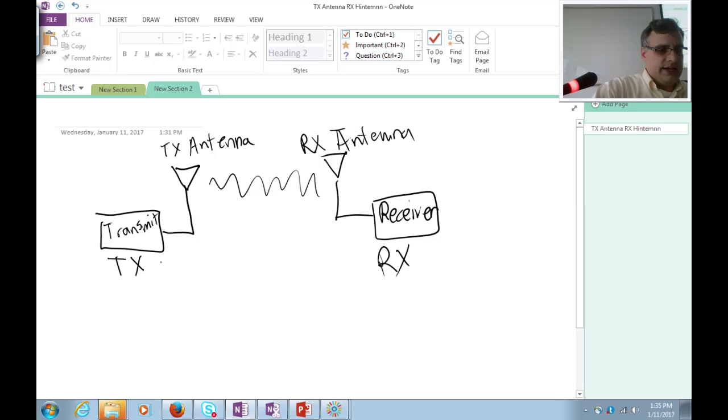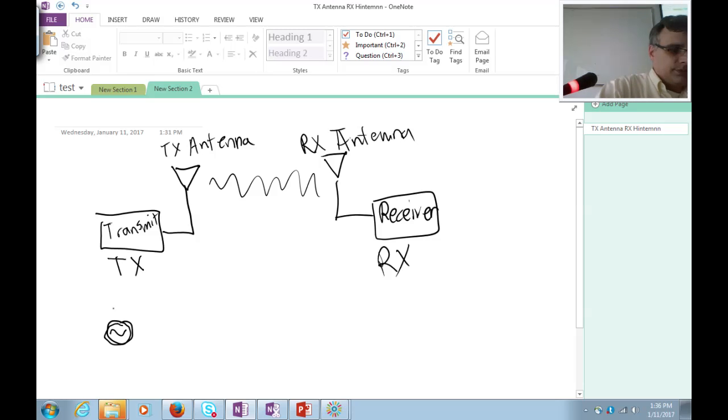Now, the first thing to realize is that these are abstractions. These are block diagram depictions of radio systems. If we delve down another level, we can describe them in terms of circuits, V's and I's. And of course, if we go down even further, we can do field theory. But we're just going to stop at V's and I's for now.